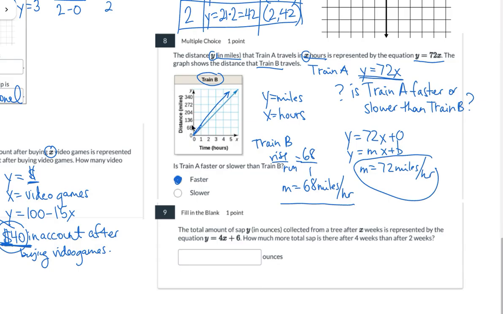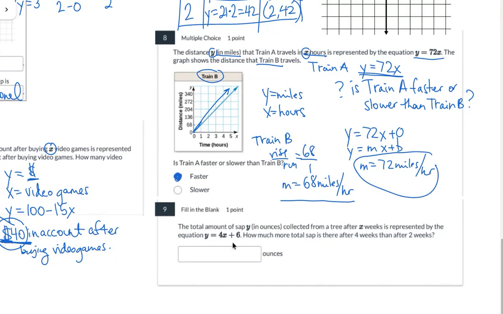All right, guys, question number 9. It says, the total amount of sap y in ounces collected from a tree after x weeks is represented by the equation y equals 4x plus 6. How much more sap is there after 4 weeks than after 2 weeks?